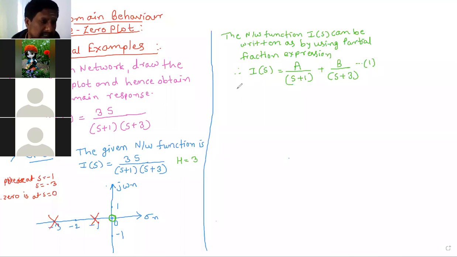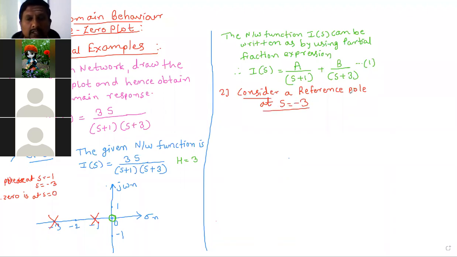The next point, second point, consider a reference pole at S is equal to -3. So you have to plot the pole 0 once again by showing the reference pole at S is equal to -3.